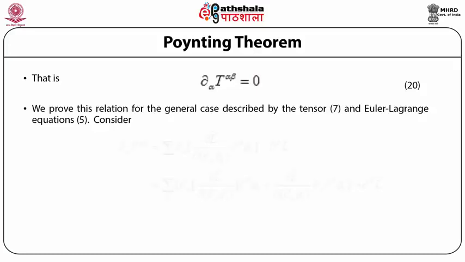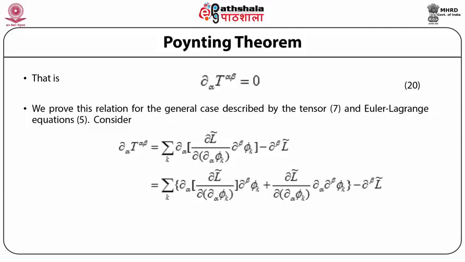Now consider ∂_α T^{αβ} = Σ_k ∂_α[(∂L/∂(∂_α φ_k)) ∂^β φ_k − g^{αβ} L], which equals Σ_k [∂_α(∂L/∂(∂_α φ_k)) ∂^β φ_k + (∂L/∂(∂_α φ_k)) ∂_α ∂^β φ_k] − ∂^β L.